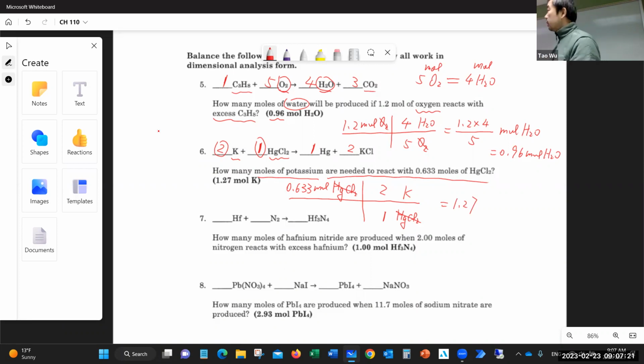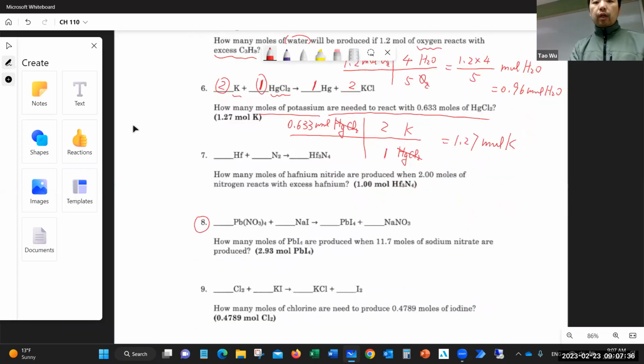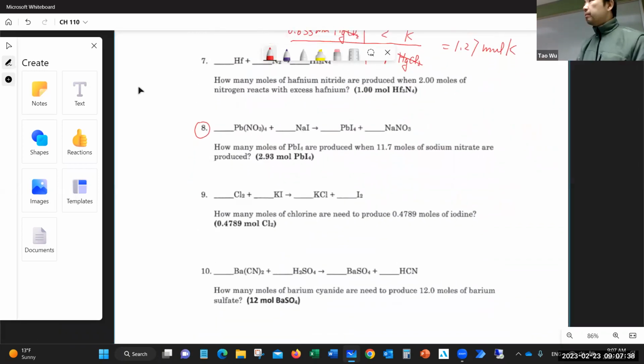You got it? Okay. So this is how we figure out the stoichiometry. Pretty straightforward, right? Okay. So go ahead and work on question number 8.